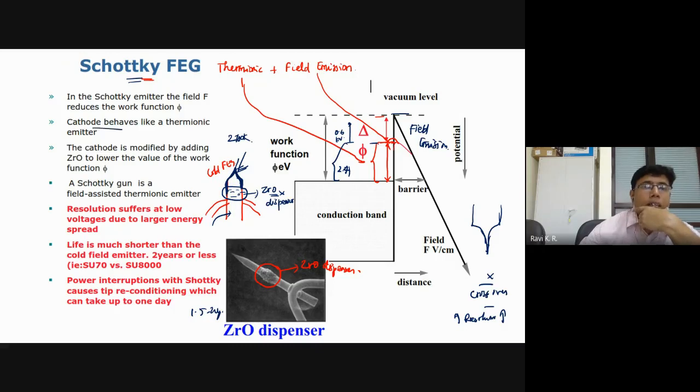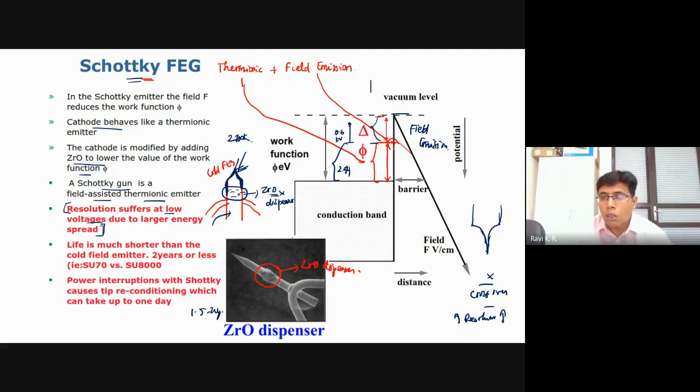Yeah, the cathode is thermionic, modified by adding an isotope to lower the value of work function, which we already discussed. The Schottky gun is a field assisted thermionic emitter. So that's what I said, partially field assisted, because this work function we are overcoming by using the electric field. This part we will discuss, as we said earlier, at low voltages due to larger energy spread, we may not actually get the resolution that we are getting in the cold FEG.